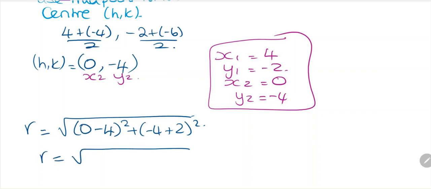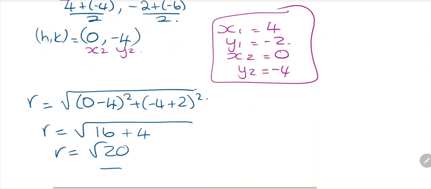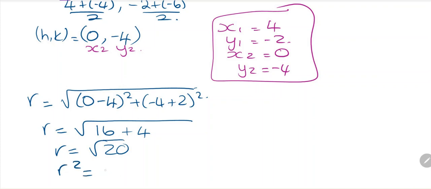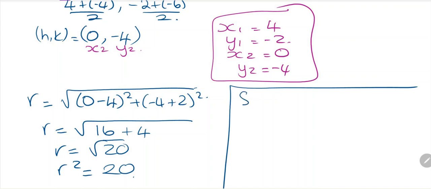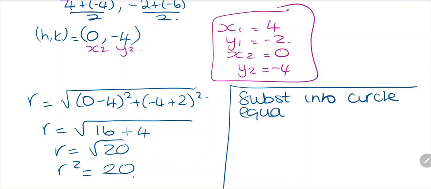And this is going to be minus 4 squared is 16, and minus 2 squared is 4, so it's plus 4. So this is root 20. So r squared will be 20. So I just substitute into the circle equation, and we will have x squared plus (y plus 4) squared is equal to 20.